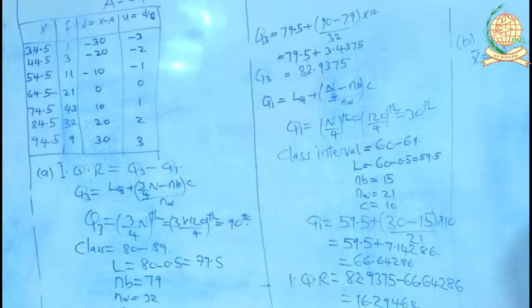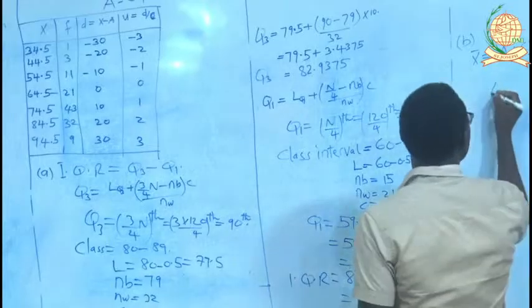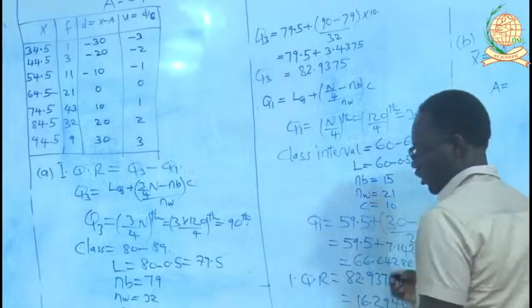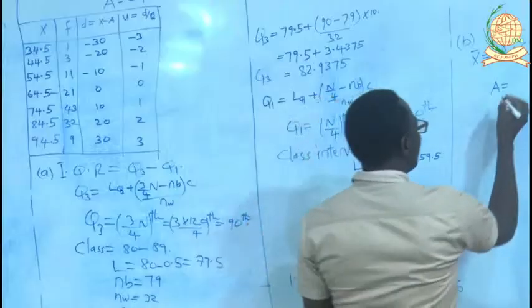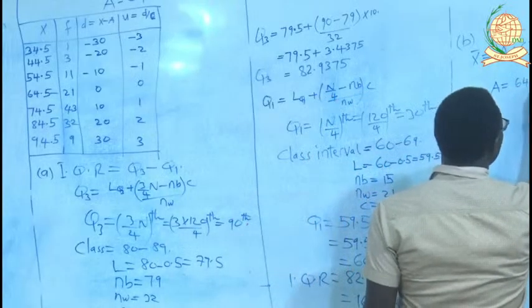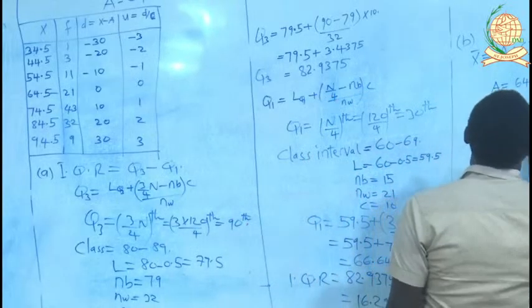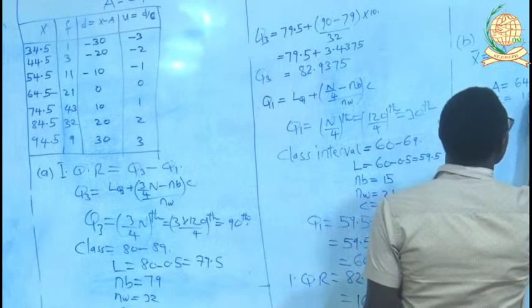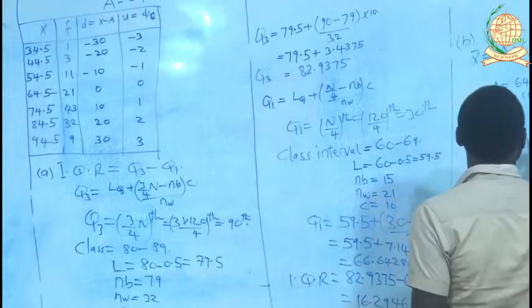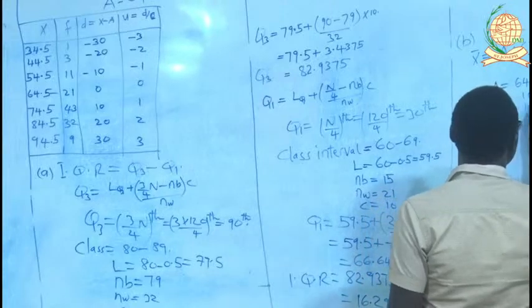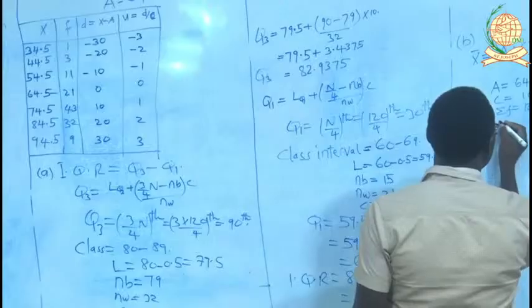Now A, the assumed mean we used, this one is 64.5. C is equal to 10. Sum of the frequency is 120. Okay, now find the sum of FU.